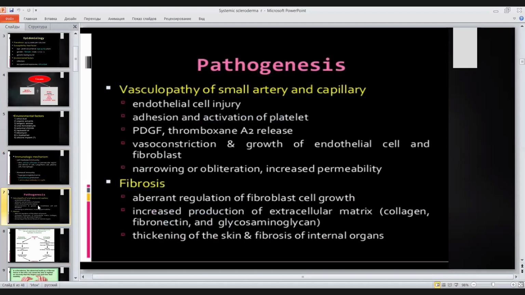What happens when there is accumulation of this complex? There will be endothelial cell injury because inflammatory cells come to this place and start to attack.